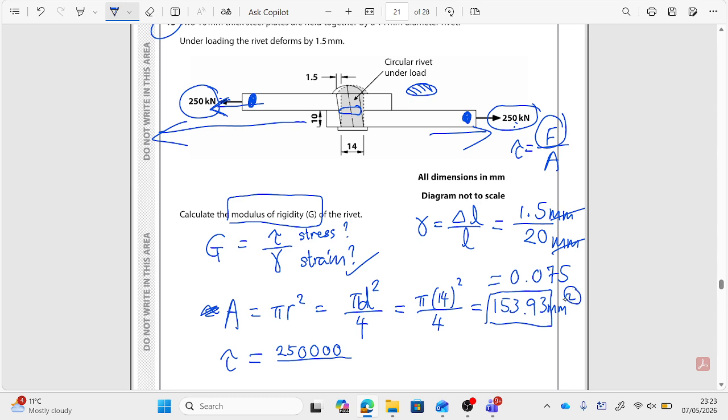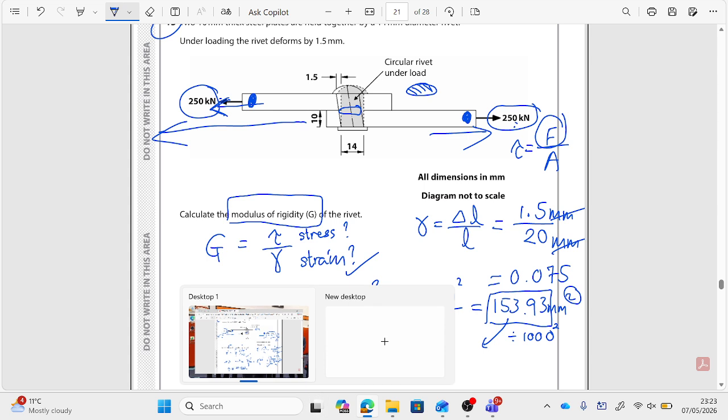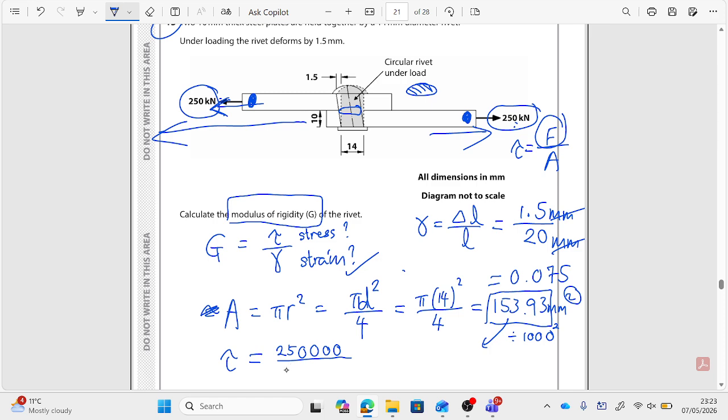Because it's an area scale factor, you divide by 1,000, which is the linear scale factor, and then square it, which gives the area scale factor. So basically you divide by 1 million. If your calculator is in standard form mode, you would have 153.9 times 10 to the power minus 6, or alternatively 0.000015393, three noughts after the decimal point.